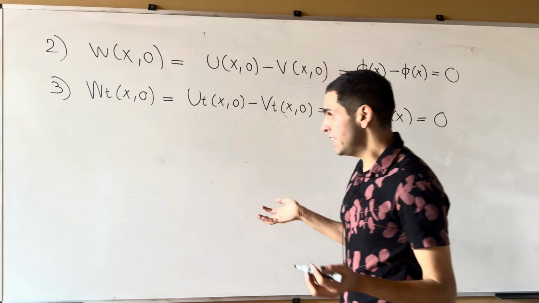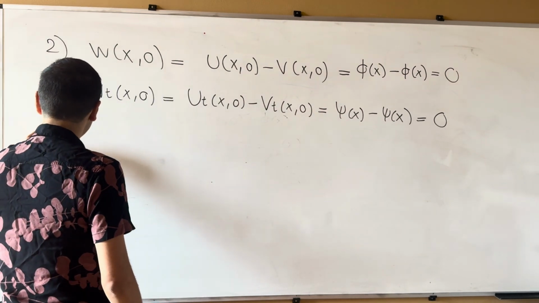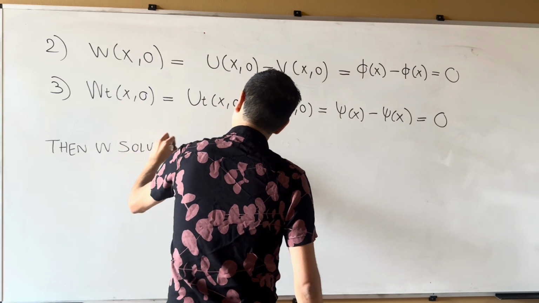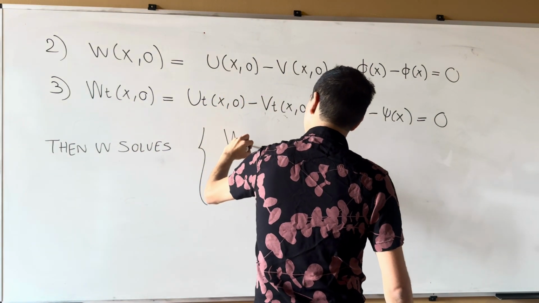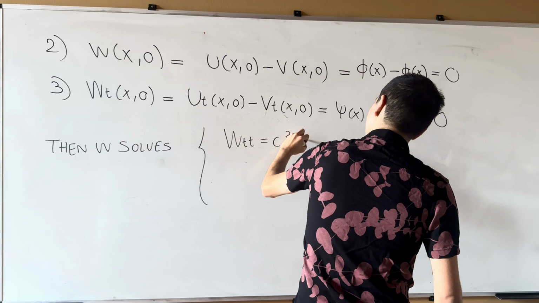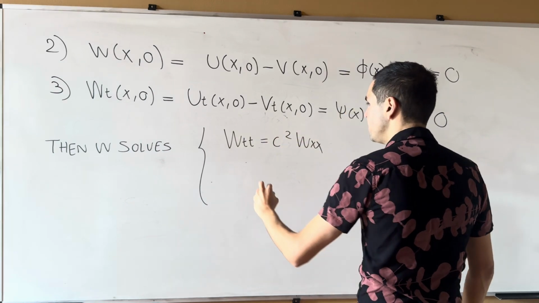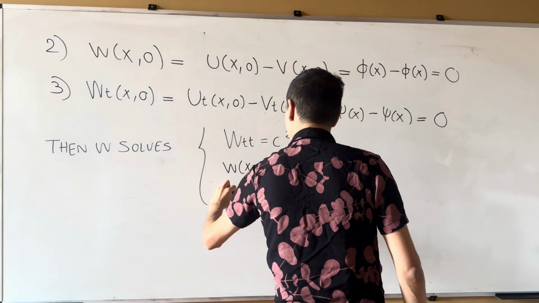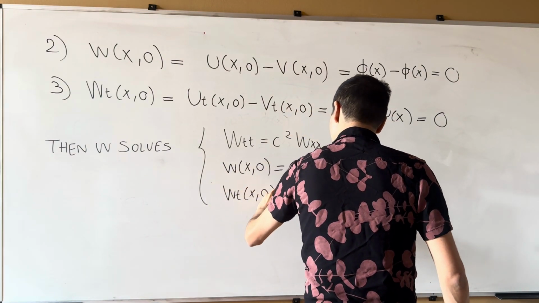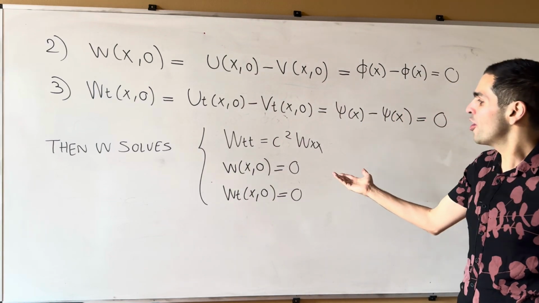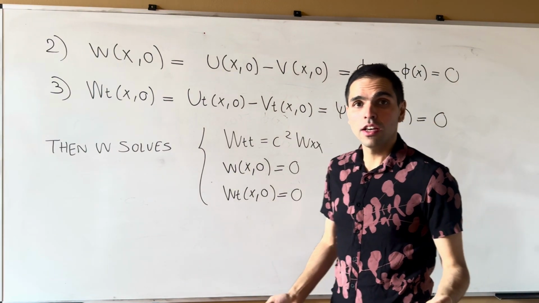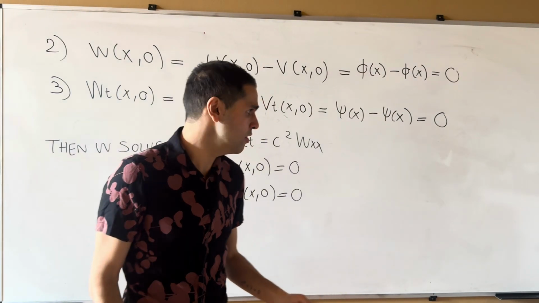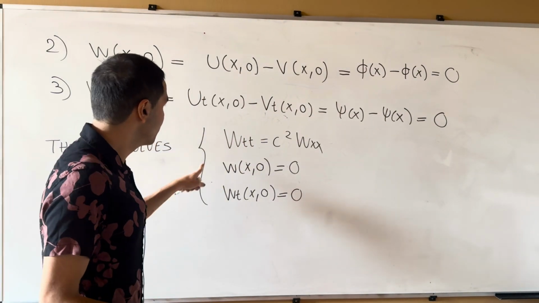So ultimately, what does W solve? So then W solves literally the wave equation, W_tt is c squared W_xx, but with 0 initial conditions. Which, by the way, makes sense physically, because if two waves start at the same place, well, their difference should be 0, at least initially.